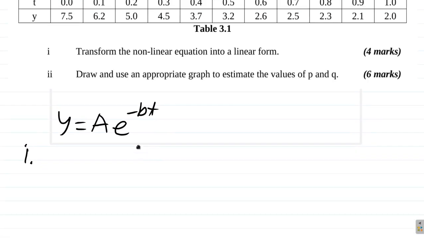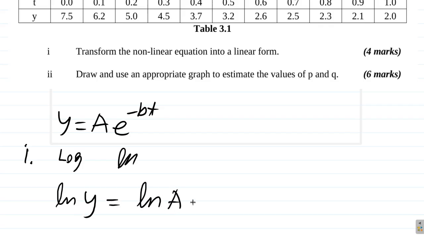To transform it into linear form, we use logarithms, alright? So you log both sides. In this case, it's ln, not log. So ln y is equal to ln a e to the negative bt.